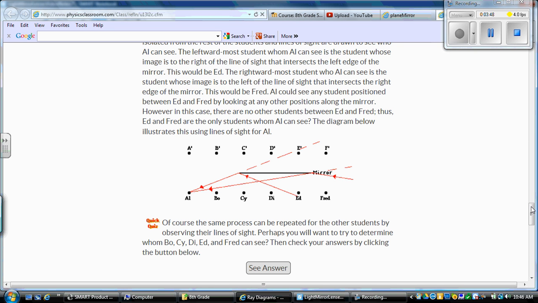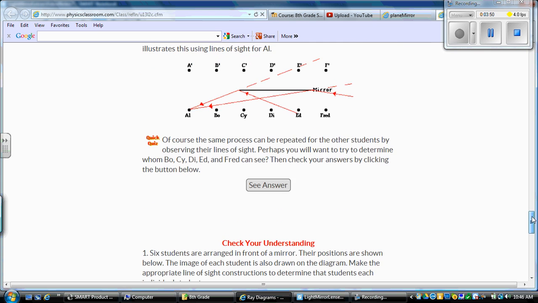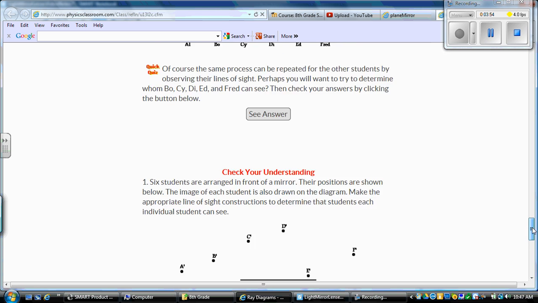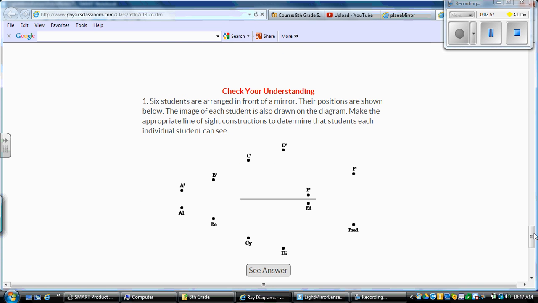So what I want you to do is go to this website, read through it, and then do just a quick review to make sure that you understand who will be able to see what based on the law of reflection. So please make sure you do that as practice, because that's going to help you understand how lenses work. So again, this website will be underneath the video. You'll need to go look at this, review it, and do some of the practice for a review.